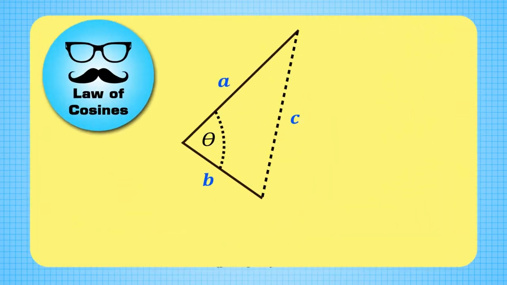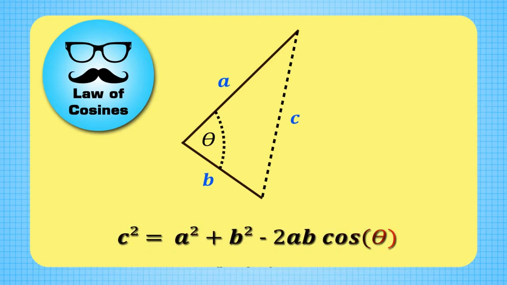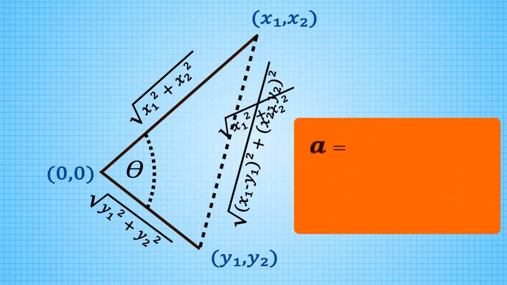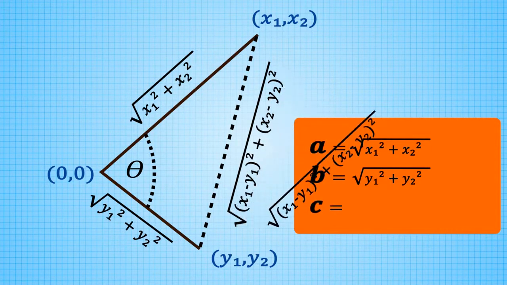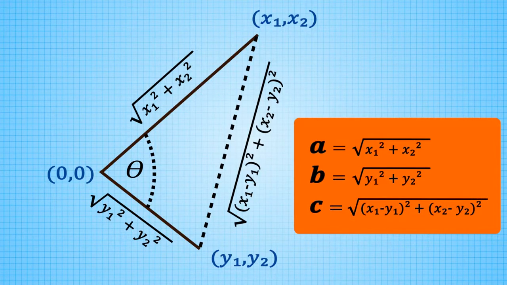Then, using the law of cosines, c squared equals a squared plus b squared minus 2ab cosine theta, with a equal the square root of x1 squared plus x2 squared, b equal the square root of y1 squared plus y2 squared, c equal the square root of x1 minus y1 squared plus x2 minus y2 squared.